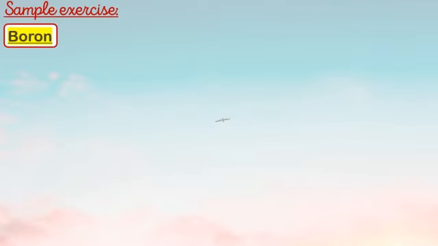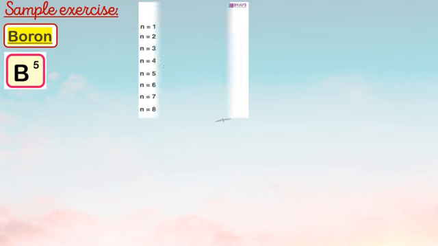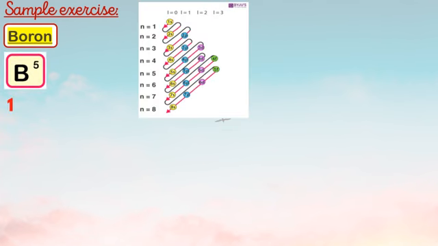Here, let's start with boron. Boron is the fifth element in the periodic table. Following this pattern, we have 1s2, 2s2, and 2p1, so the exponents' summation is equal to 5.